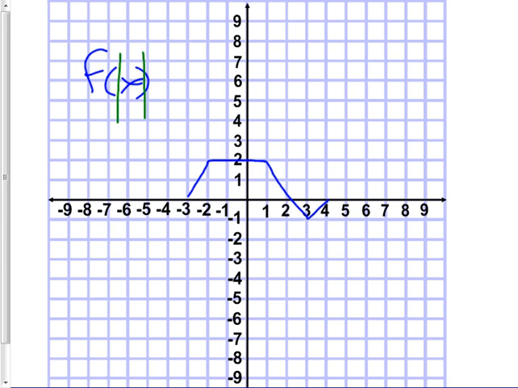Not right. Something's wrong with yours on the left side of it. 10 right, 11 right. Nope, something's wrong. 12 right. 13 right, 14 right. 15 right.